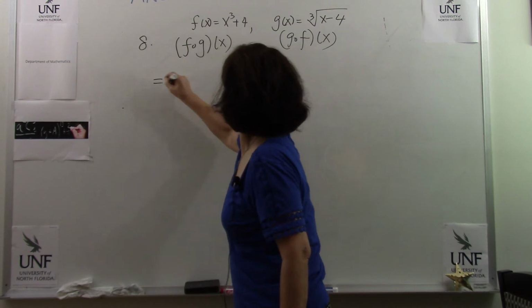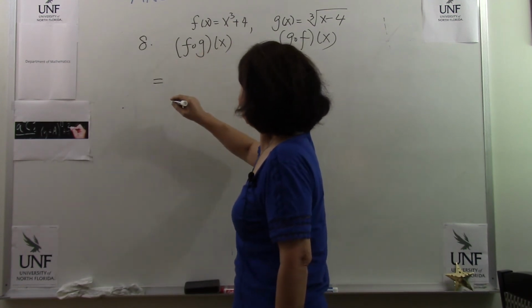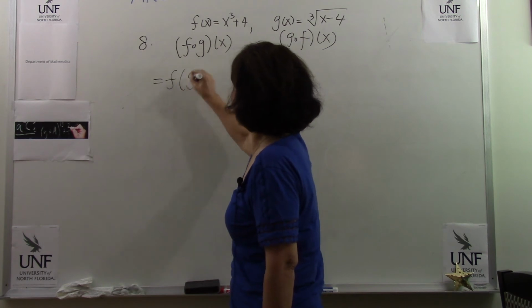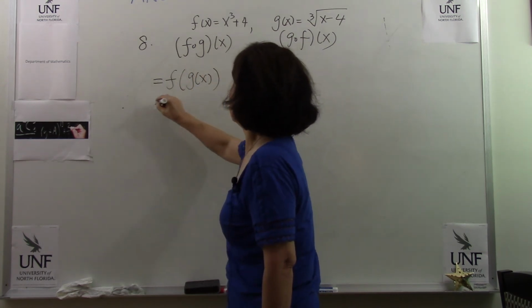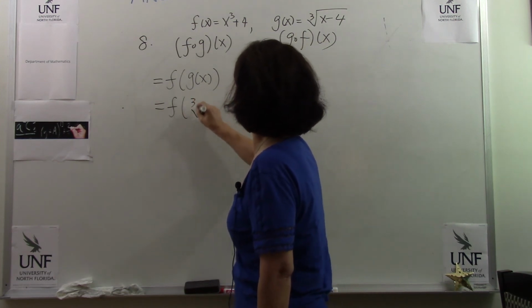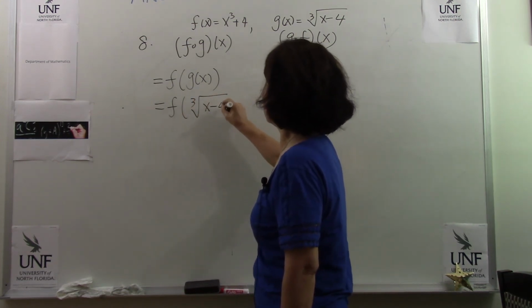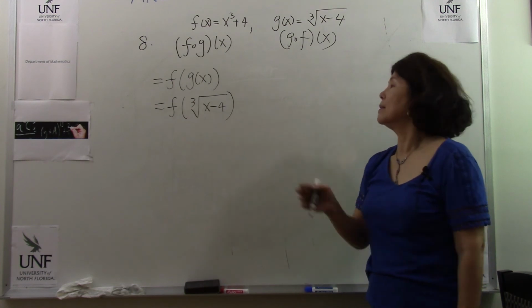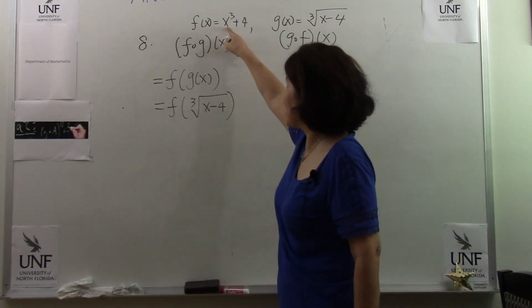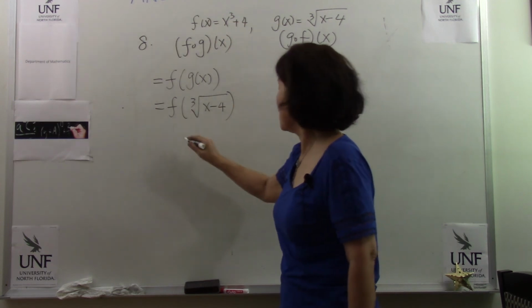Well, again, f circle g. F is the main one, and the g of x goes inside here. So what is g of x? G of x is the cube root of x minus 4. Now, this cube root of x minus 4 will replace x in here, correct? Okay?